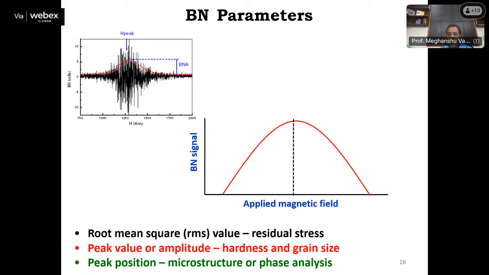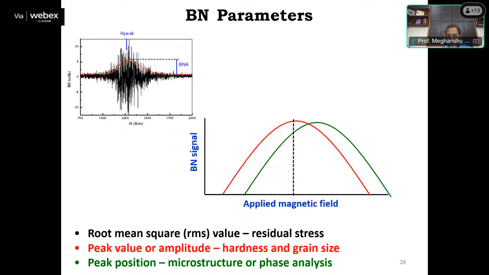So if the component has martensite, what will happen? It is hard to magnetize. So the amount of magnetic field or input that will be used will be quite more.